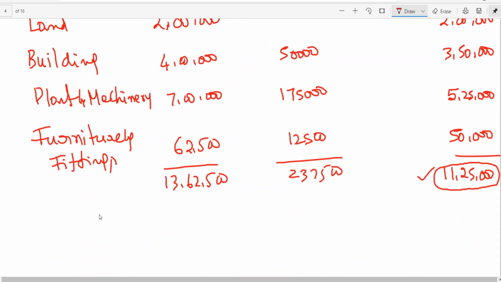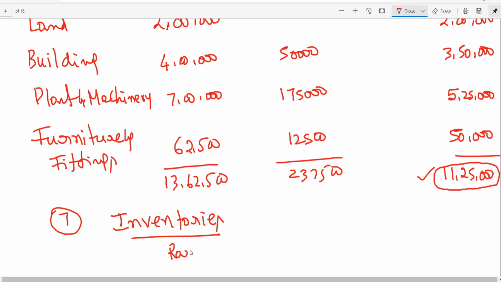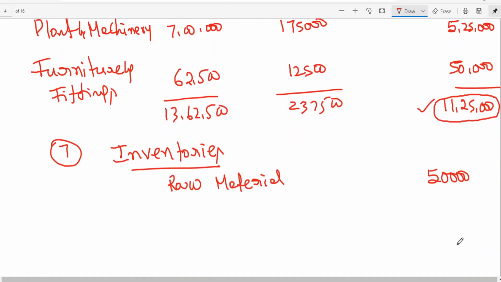Now the seventh, inventory, has been given. The same thing we will be writing here because you are having two items. Those two items can't be taken in the balance sheet as separate items, so that is called inventories. Inventories, raw material $50,000.